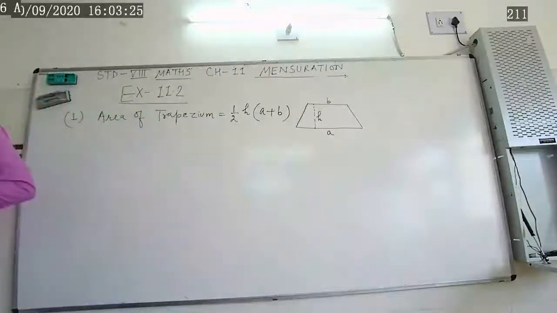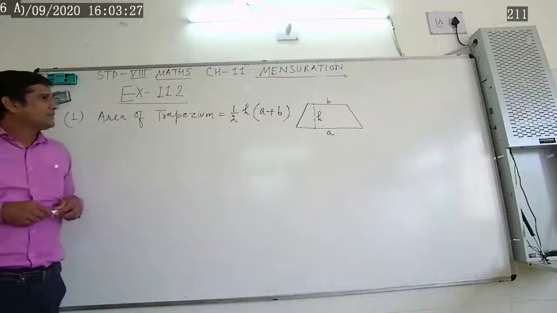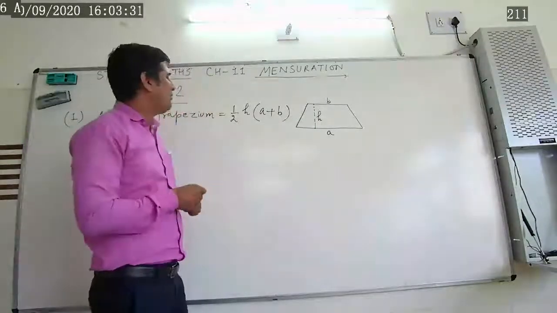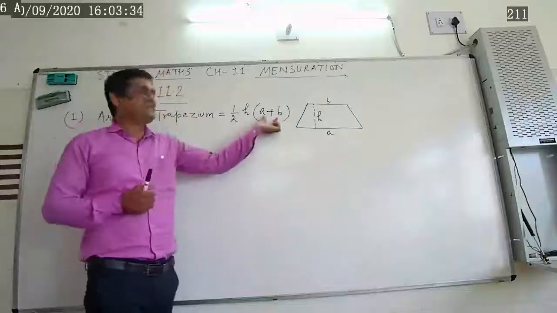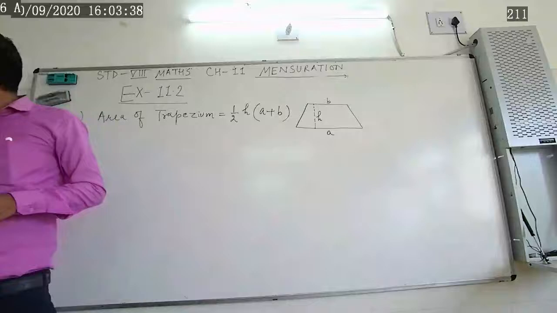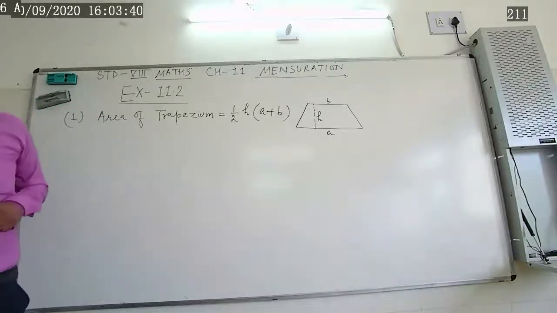A plus B denotes the sum of the two parallel sides.